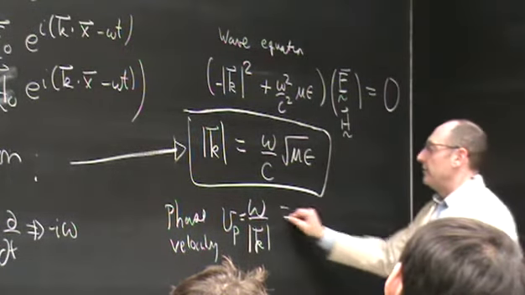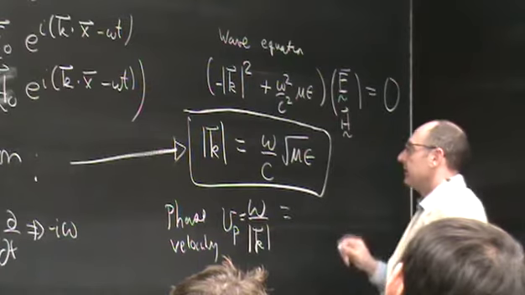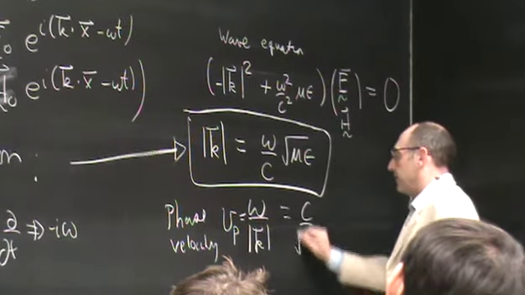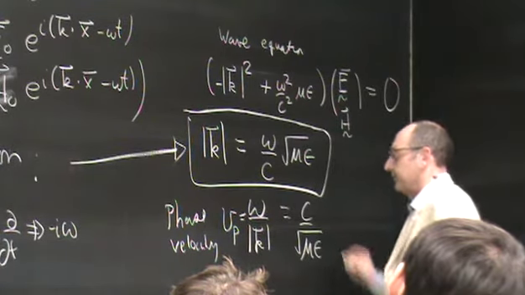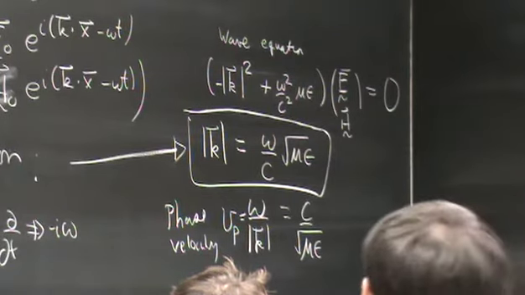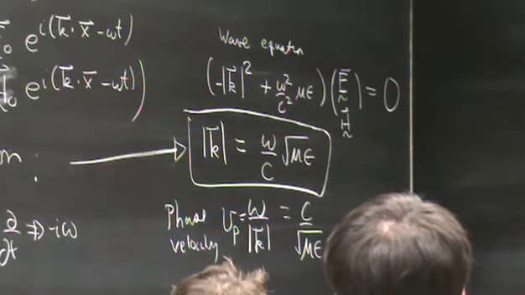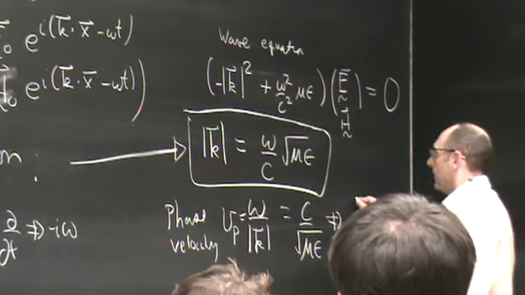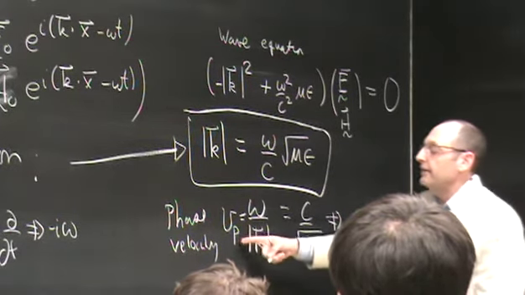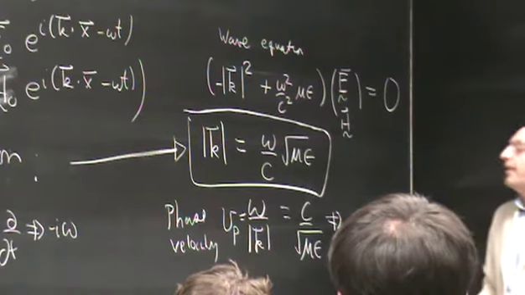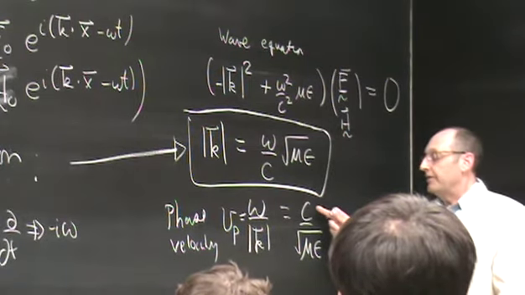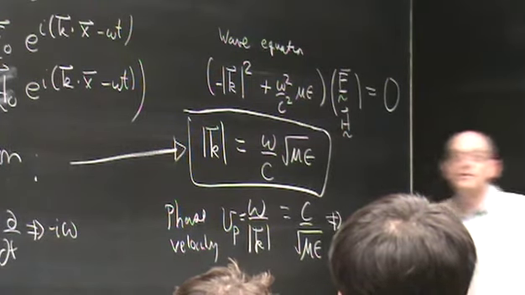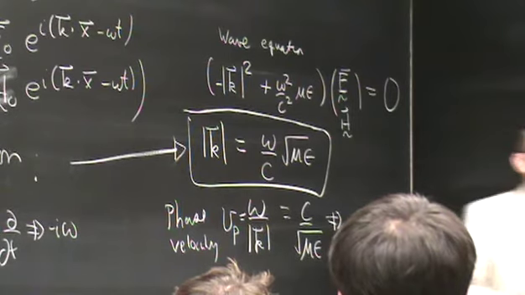And that is given by, according to this, c divided by the square root of mu times epsilon. So what we find from this, you remember, is that the phase velocity inside the dielectric is not the speed of light in vacuum, but is changed by this amount.